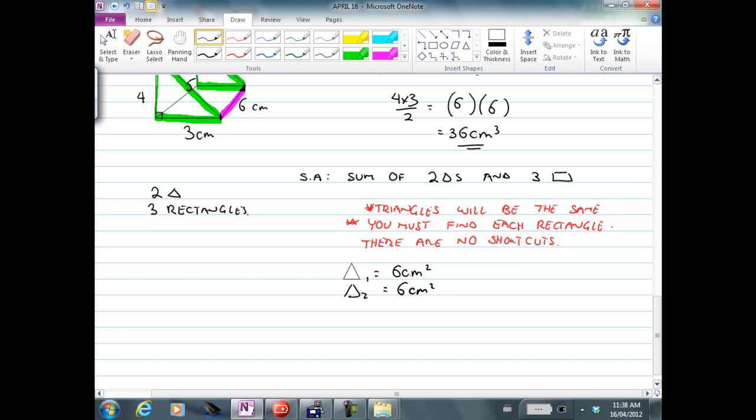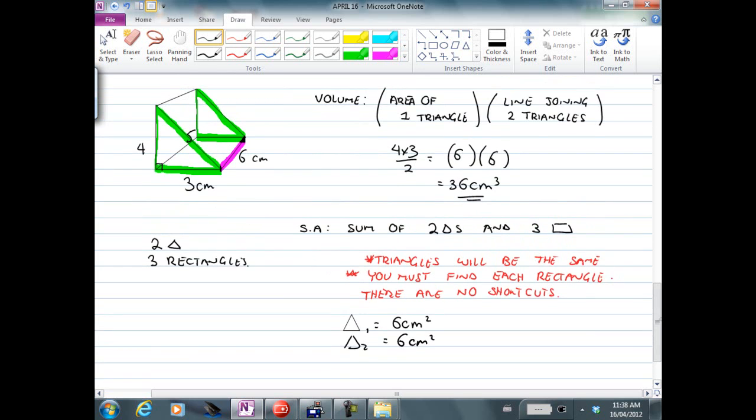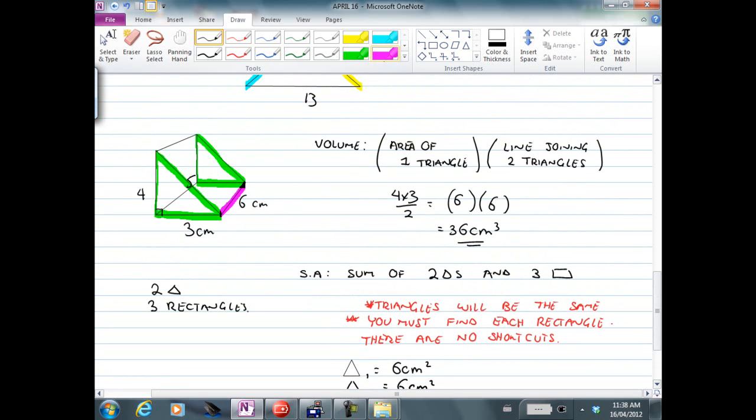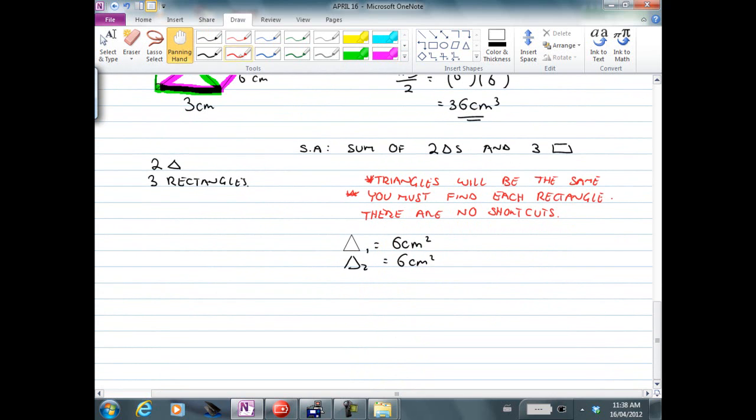Very nice. I'm going to highlight the bottom rectangle. So this is where a bit of confusion kicks in. Watch my highlighting. This is my bottom rectangle I'm going to work with. There's the bottom rectangle right there, the purple rectangle. Dilpreet, what is the area of that purple rectangle going to be?